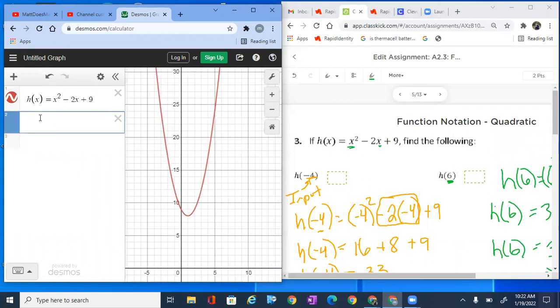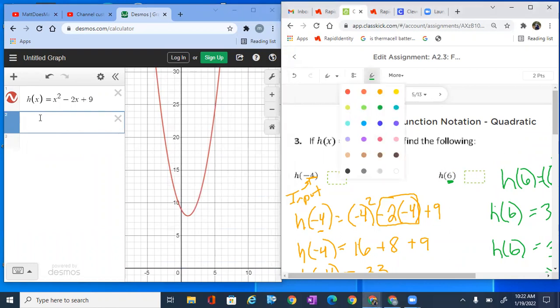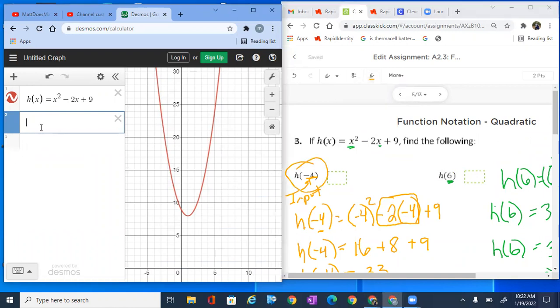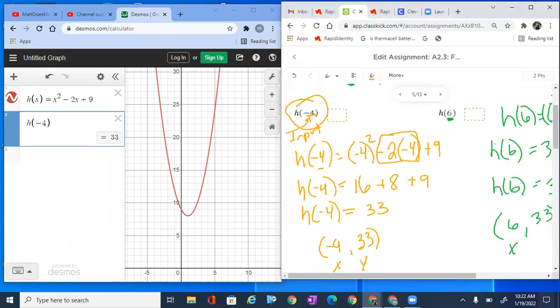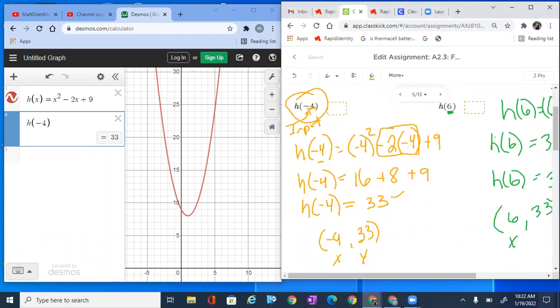And in the second row, because I've given it a name, h of x, I can actually type in this function notation of h of -4. So I can type h of -4, and guess what? It gives us that answer that we originally came up with of 33.